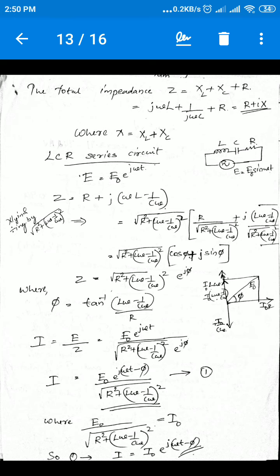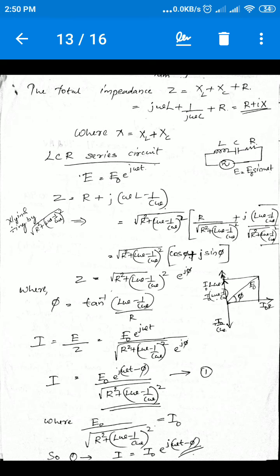You can take out root of R square plus L omega minus 1 by C omega whole square out of the bracket, and you will get a real term and an imaginary term inside the bracket. The real term is R by root of R square plus L omega minus 1 by C omega whole square, isn't it? And the imaginary part is L omega minus 1 by C omega divided by root of R square plus L omega minus 1 by C omega whole square.